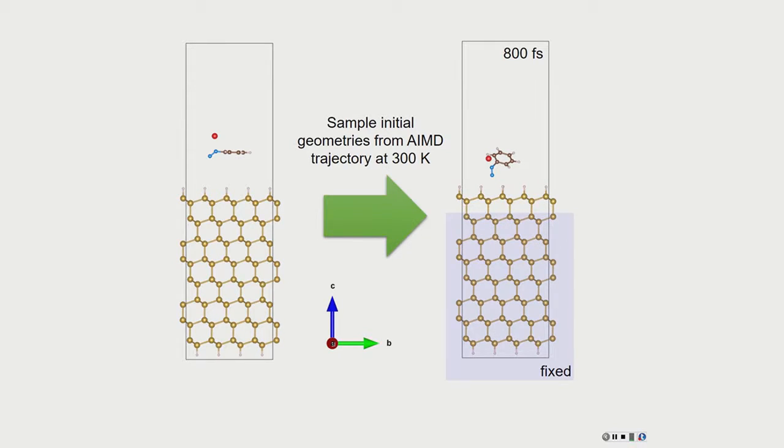So this is the one trajectory I selected from the room temperature trajectory, at 800 femtoseconds. In the next step, I use this geometry as input for high temperature AIMD calculations. And in the AIMD calculations, I keep all these atoms fixed, but allow the very top atoms to relax.